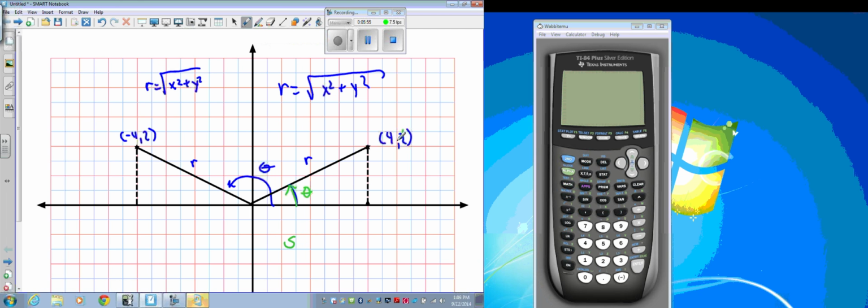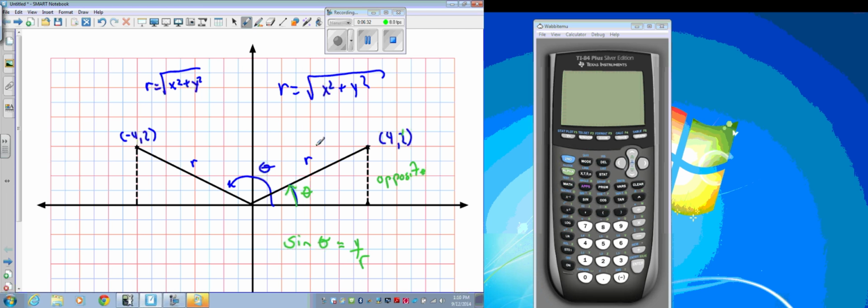Let's look at what we know about sine. Sine in terms of this angle right here was y over r, right? Okay. Now, in terms of this angle, this is the side opposite that angle.